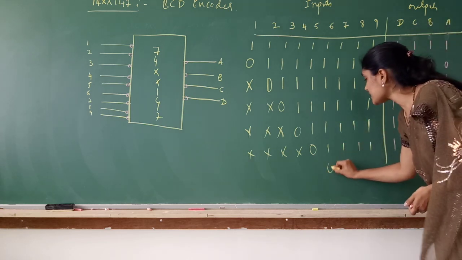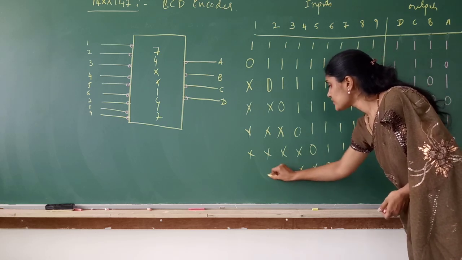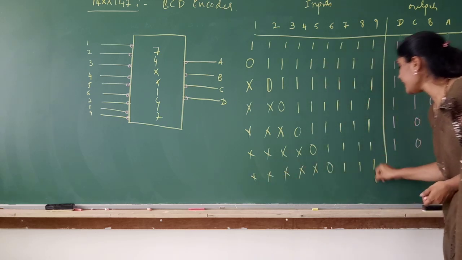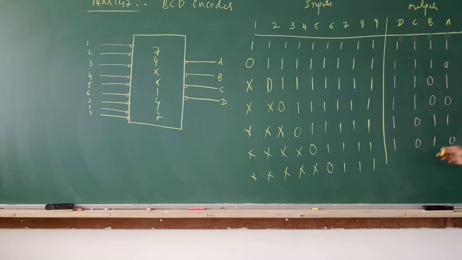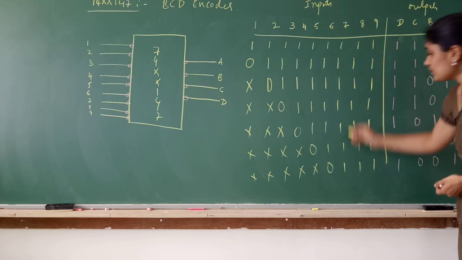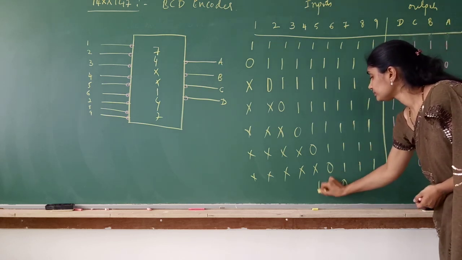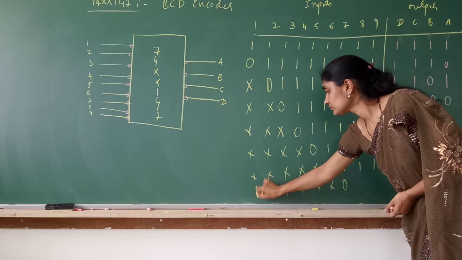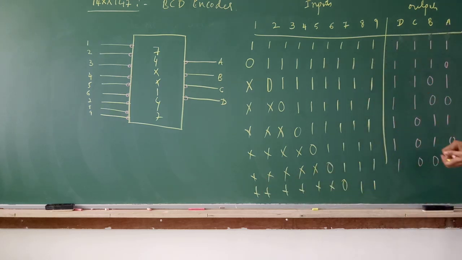Similarly, if 6 is active, what is the output we get? 0, 1, 1, 0. Similarly, if 7 is active, we get 0, 1, 1, 1. So this is 7.